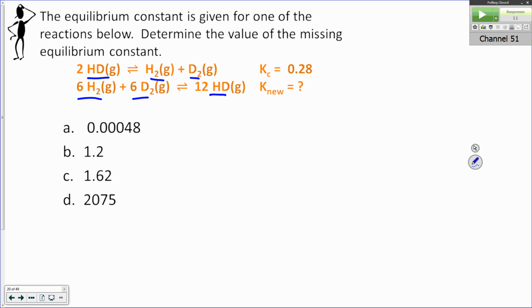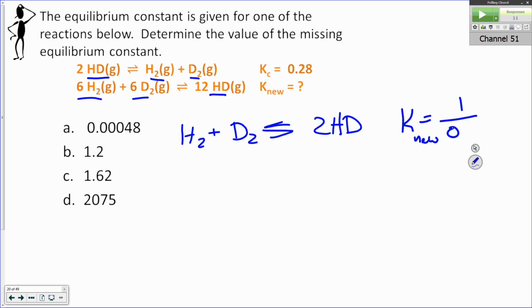Okay, so just take a look at how we might accomplish it. If I just invert it once, my products become my reactants. So K new is going to be the inverse of that.